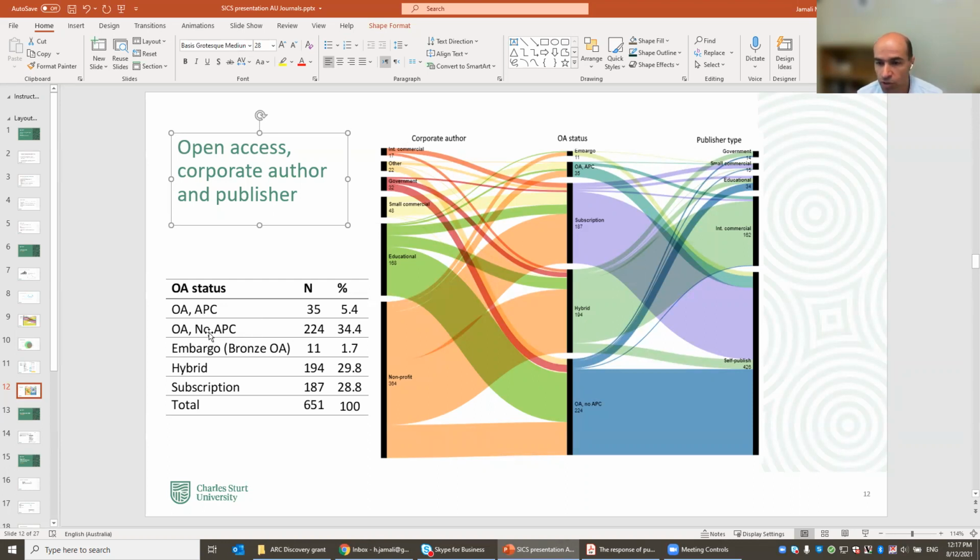And most of them don't charge authors, so they are free for authors and free for readers, which means somebody else is paying for the publication of those journals. That could be the learned society or the professional association that owns the journal, or the university. So somebody is funding the journal, and it is free for readers and authors.